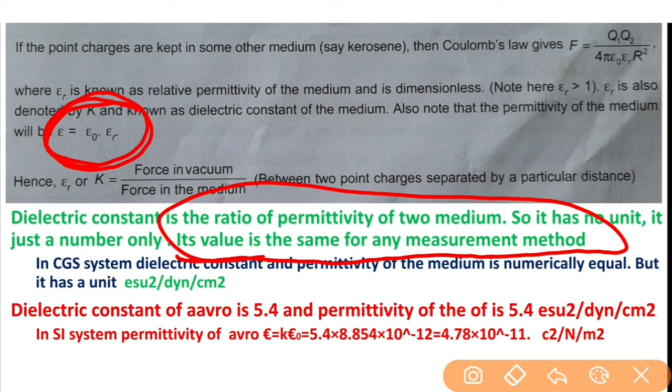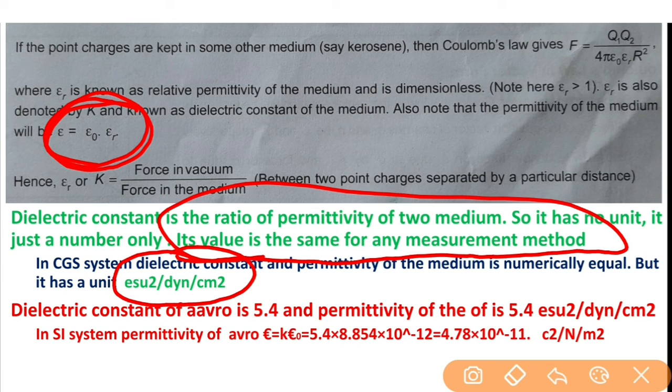In the CGS system, the dielectric constant and permittivity of a medium are numerically equal, but permittivity has a unit, ESU square per dyne per centimeter square. For example, the dielectric constant of rubber is 5.4, and its permittivity is 5.4 ESU square per dyne per centimeter square.